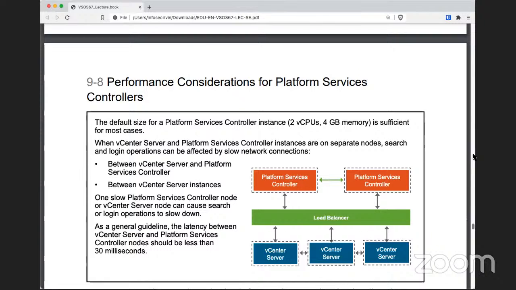So starting with platform service controller, the default for it is 2 virtual CPUs and 4 gigabytes of memory. Unless you're dealing with larger systems, that should be sufficient. If you have separate nodes, you're going to have that same separate configuration everywhere else.